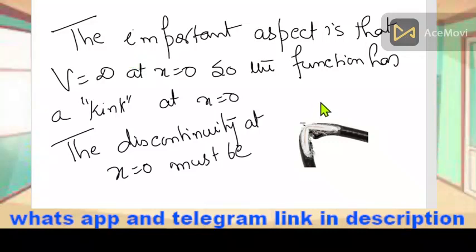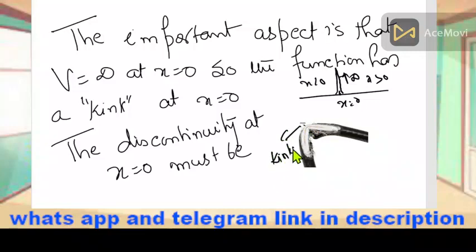To understand this, let us see what is happening. The important aspect is that at the point of discontinuity, if this is x equal to 0, suddenly there is a sharp increase in potential going to infinity. This is negative, this is positive. This situation is similar to a straight wire that suddenly has a kink or a turn.